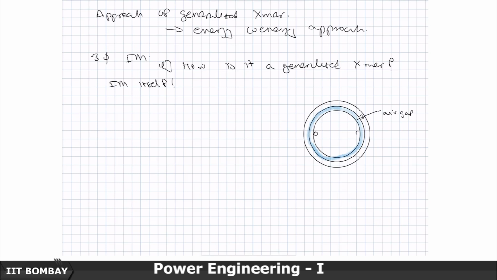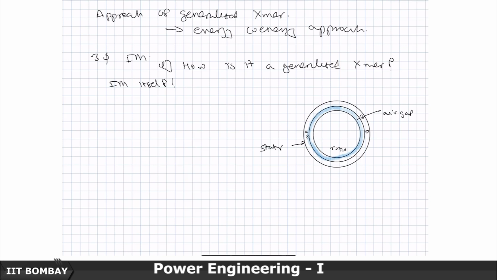So usually I show it like, let me show it on the stator first. So this is my stator, this is my rotor. I do not show all the slots and all that, but you know that they exist.